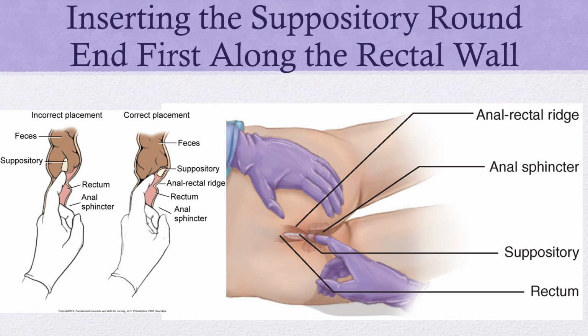So you can see on that right picture, on their left lateral, you can see the anal rectal ridge, the sphincter, and the suppository. So you're just going to place that right into that bottom hole, and hold it in there till you start feeling like it is absorbing, like it is melting, and then have them clench that bottom together to hold it in.